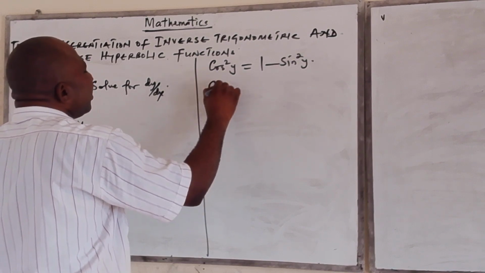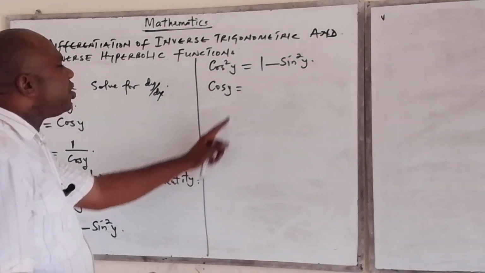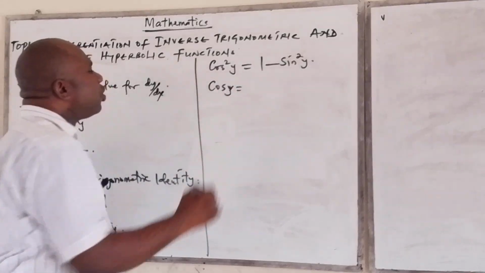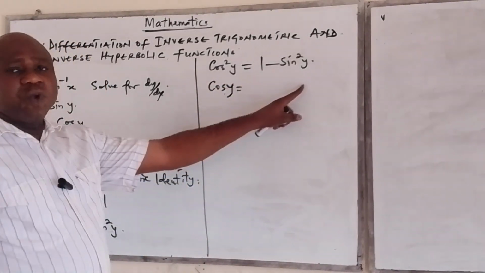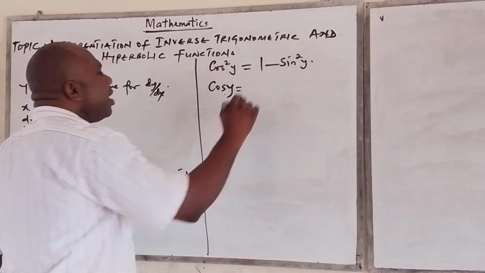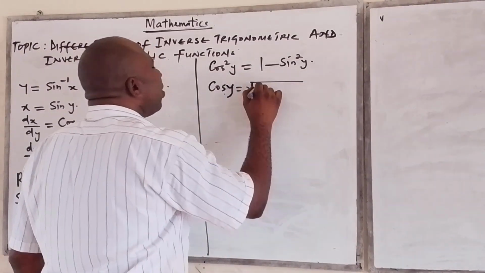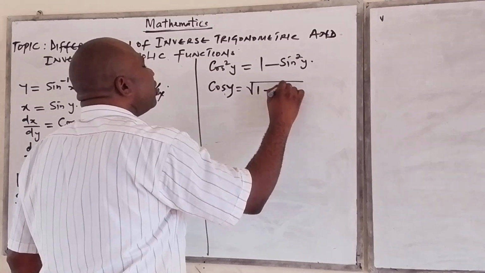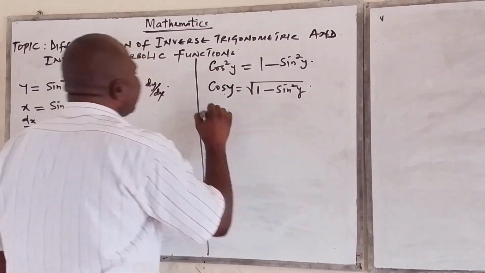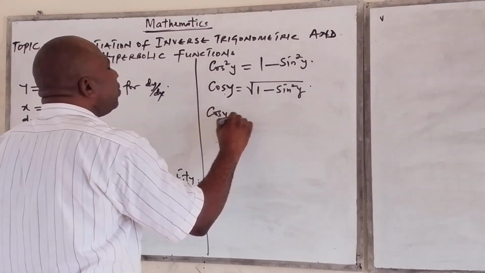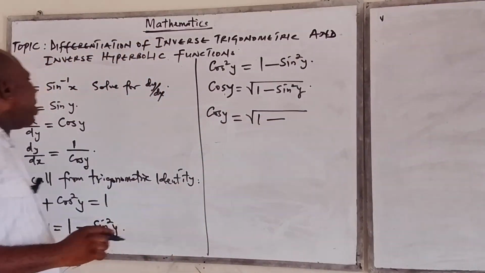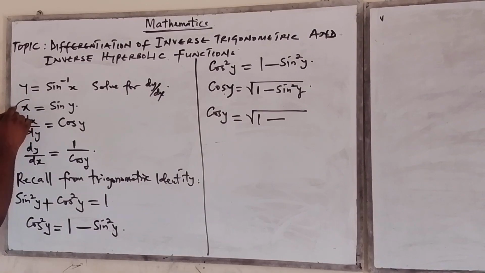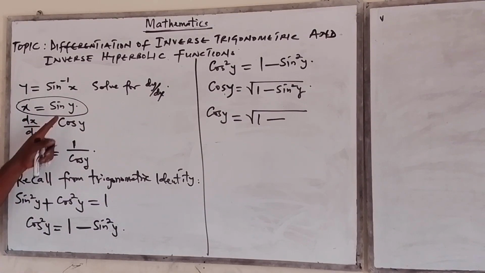Now, if cos squared y is equal to 1 minus sine squared y, it means cos y will be the square root of 1 minus sine squared y. Now remember we said let x be equal to sine y.